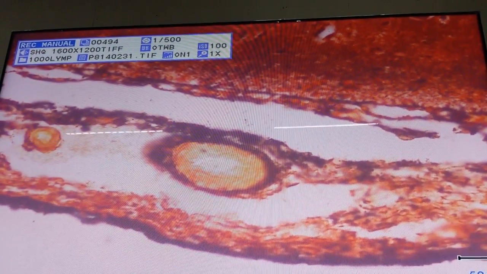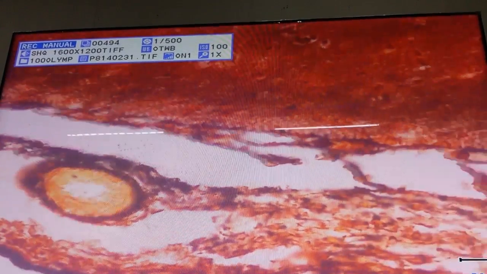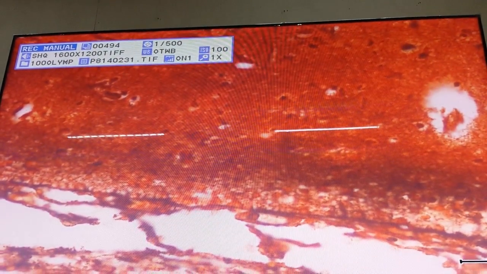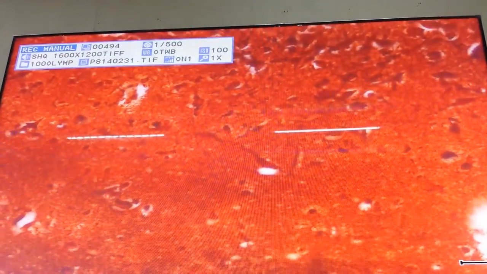It looks like a dark shadow. A better picture with regards to the meninges is in the spinal cord, if ever I'm going to give you the meninges more in this kind.